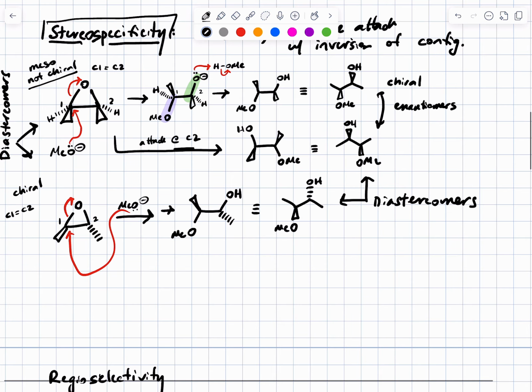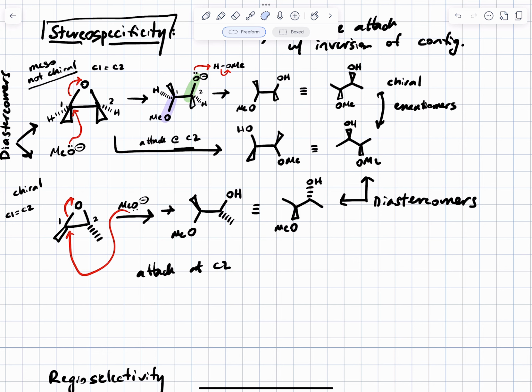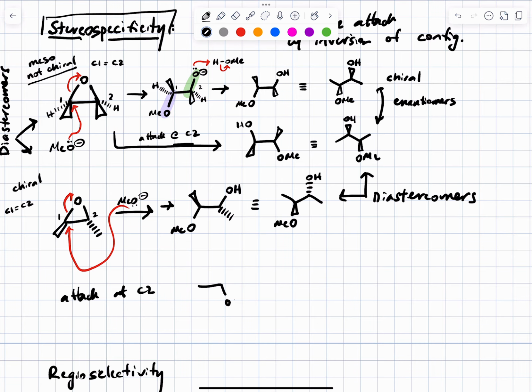Now, what if we attacked at carbon 2? It just so happens if we attack at carbon 2, I'll draw the product that we would get. But it ends up being identical to the product above if you do the spatula pancake flip.